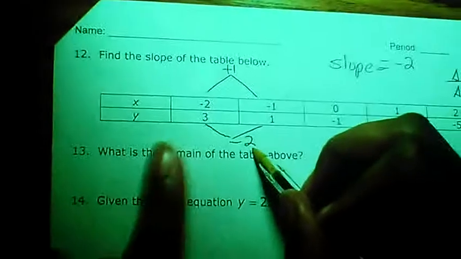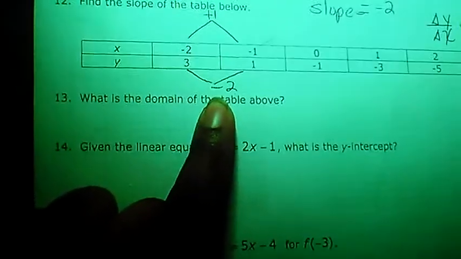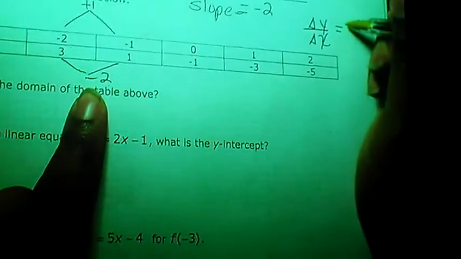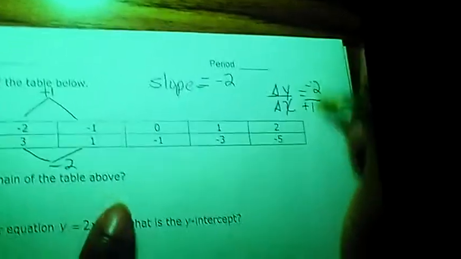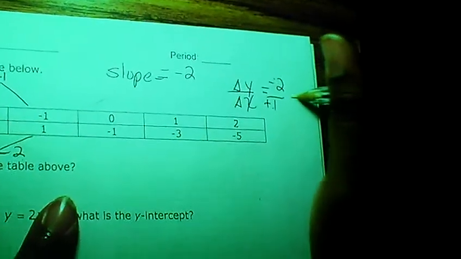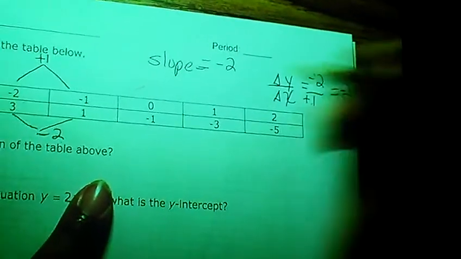So my change in y, the y's are on the bottom, is -2. My change in x, the x is on the top, is +1. -2 divided by +1 gives us the same -2. So our slope is -2, and we found that two different ways.